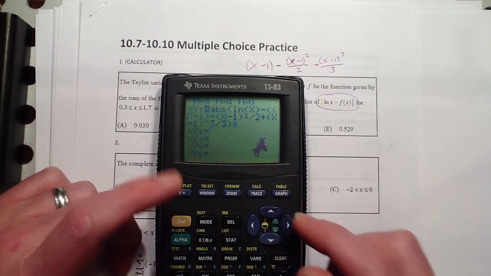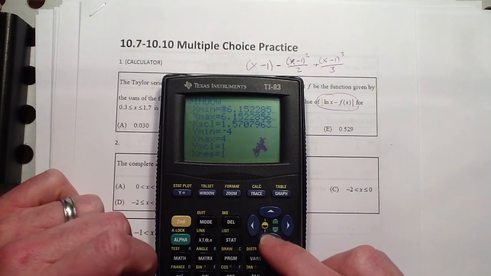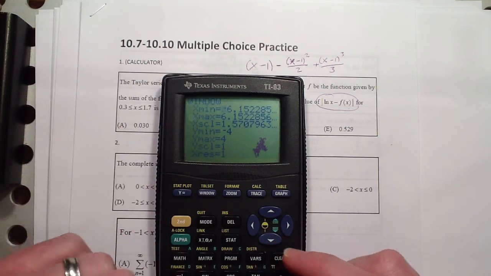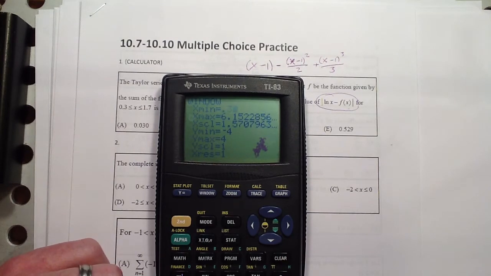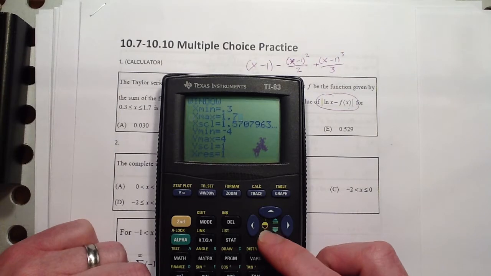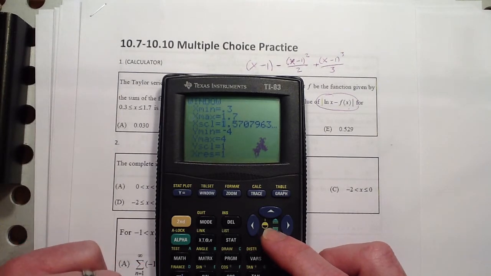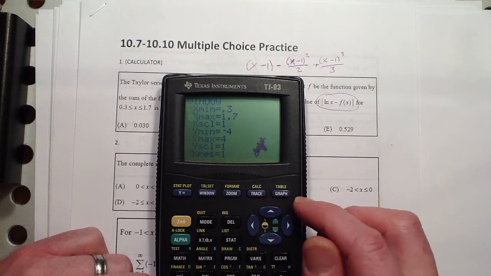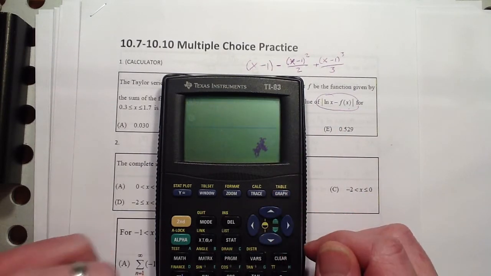Before I graph that, I only care about the values between 0.3 and 1.7. So let's just only look at those, 0.3 to 1.7, and make the x scale 1, I guess. And those values are probably okay. And graph that.